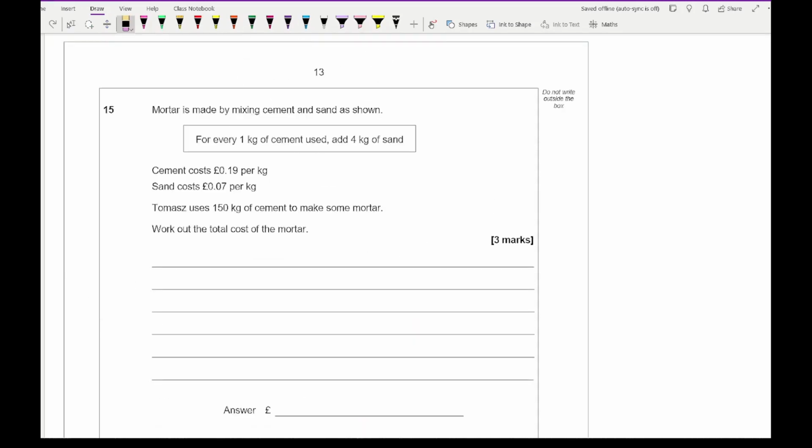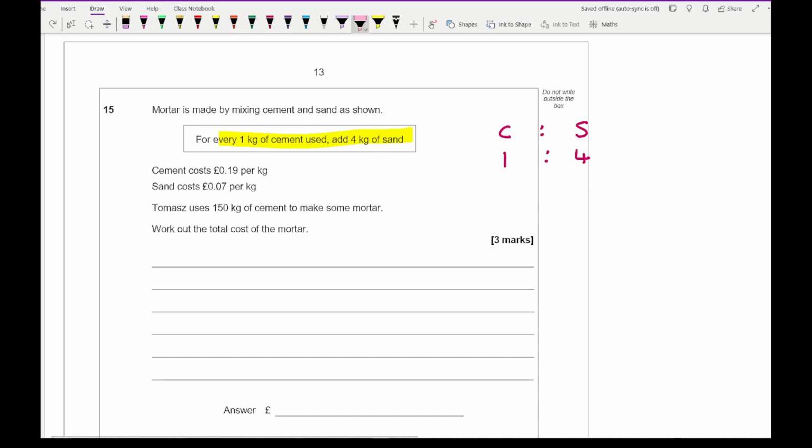So looking at question 15, it says mortar is made by mixing cement and sand as shown. So for every 1 kilogram of cement, add 4 kilograms of sand. Cement costs 19 pence per kilo and sand costs 7 pence per kilo. Thomas uses 150 kilograms of cement to mix a mortar. Work out the total cost of the mortar. So let's first of all break some of these problems down. Here we've got the ratio of cement to sand in the ratio of 1 to 4, and that's basically using this bit of key information.